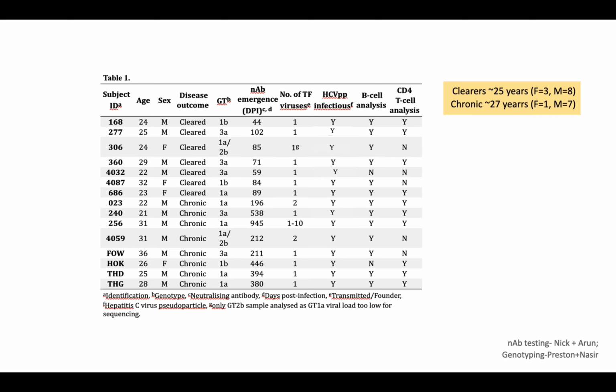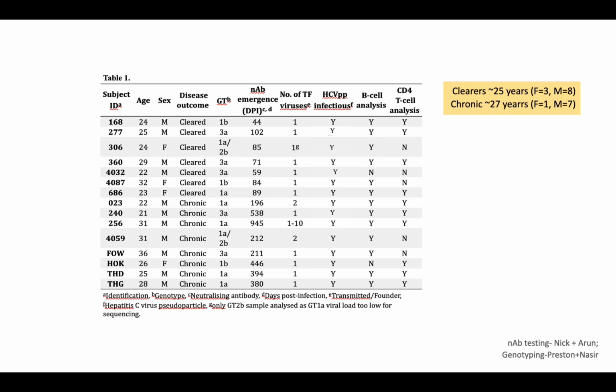The mean age was 25 years and 27 years. In clearers, 3 of them were male and 1 female, and in chronics 8 males and 7 males. So there's this number of TF viruses and neutralization score.